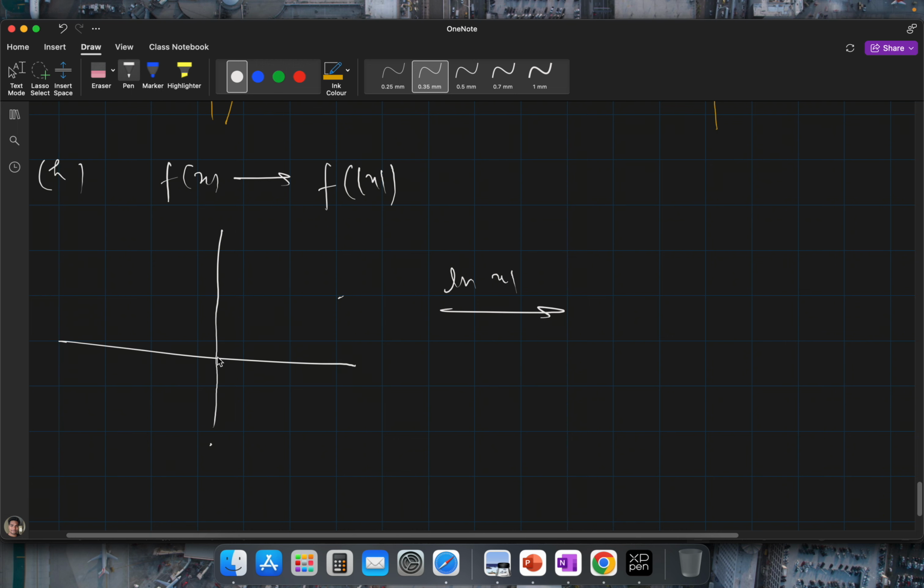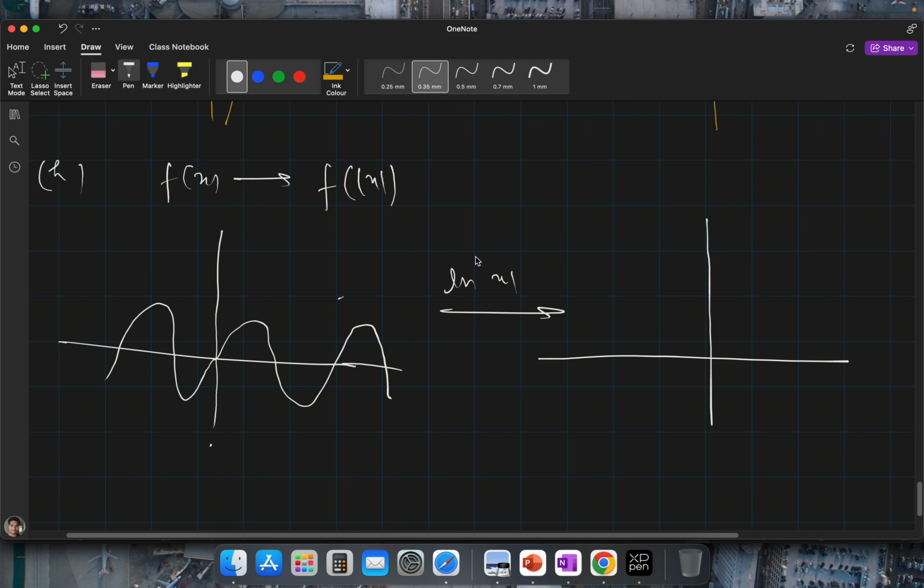Take this one, sin x. What will happen in this case? Whatever the graph is showing in the negative x direction, it will show exactly the same as whatever it is in the positive direction.